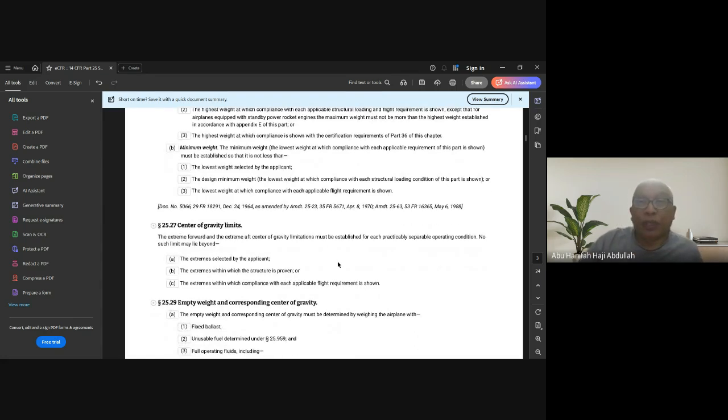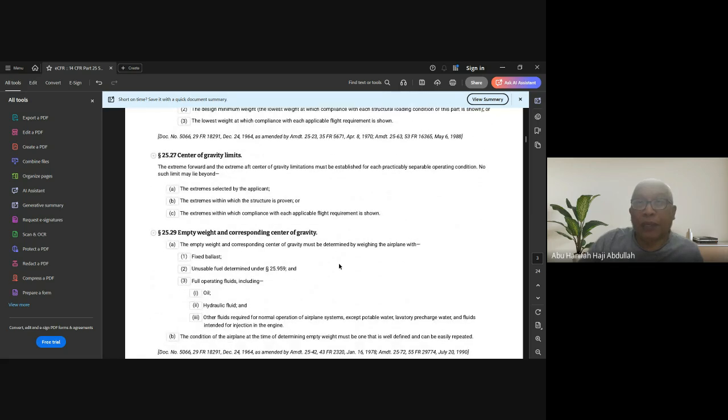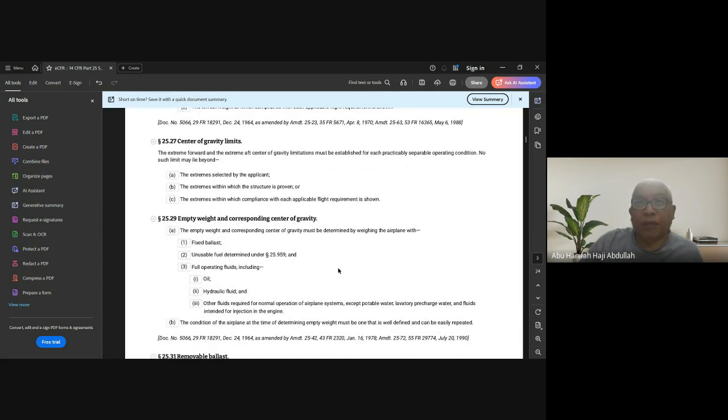Empty weight with corresponding CG: you must weigh the aircraft to get the empty weight. For empty weight, you remove everything except fixed ballast, and you remove fuel, oil, hydraulic, and other operating fluids. When you weigh the aircraft in this condition, you have established the aircraft empty weight.